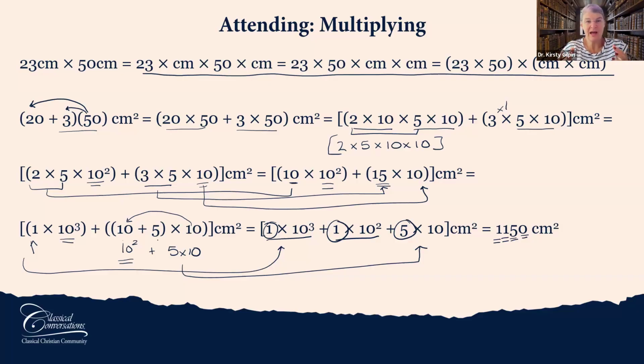This is the underlying nature of what we're doing. This is why multiplication works, is we just keep applying the distributive law and understanding place value. That's all we're doing, the distributive law and place value, in order to do this.